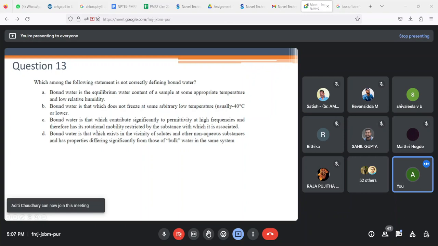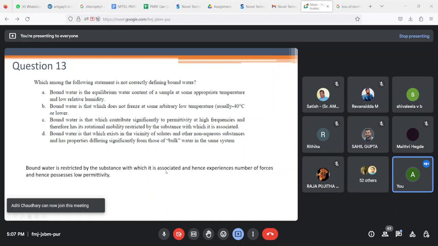And since bound water is continuously in the presence of solutes, it will always experience some kind of forces. All the solutes will exert some kind of forces on this bound water, and it will not be allowed to react in the same way that the bulk water would in terms of permittivity.